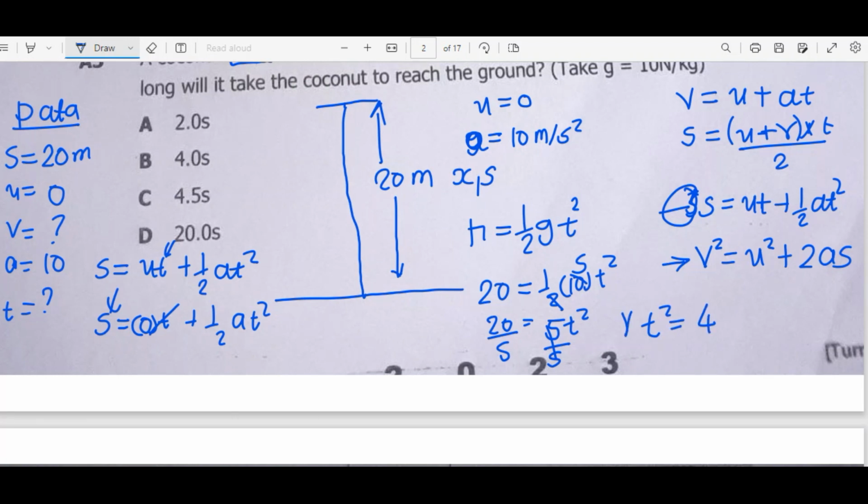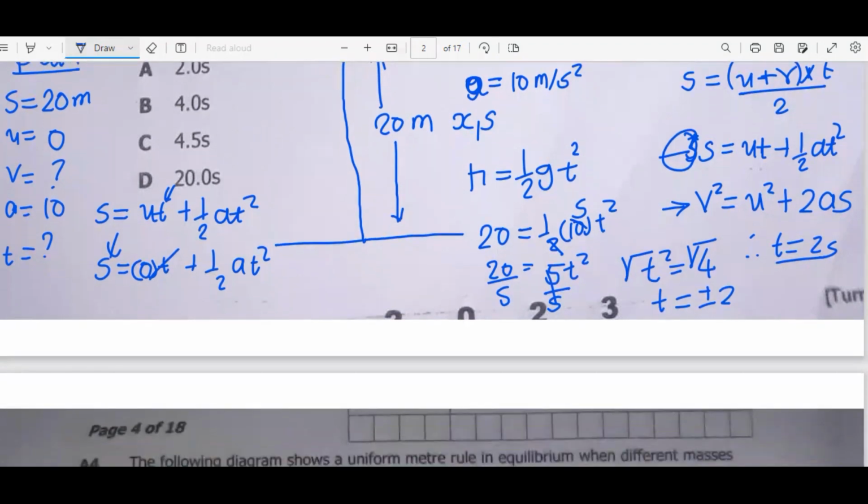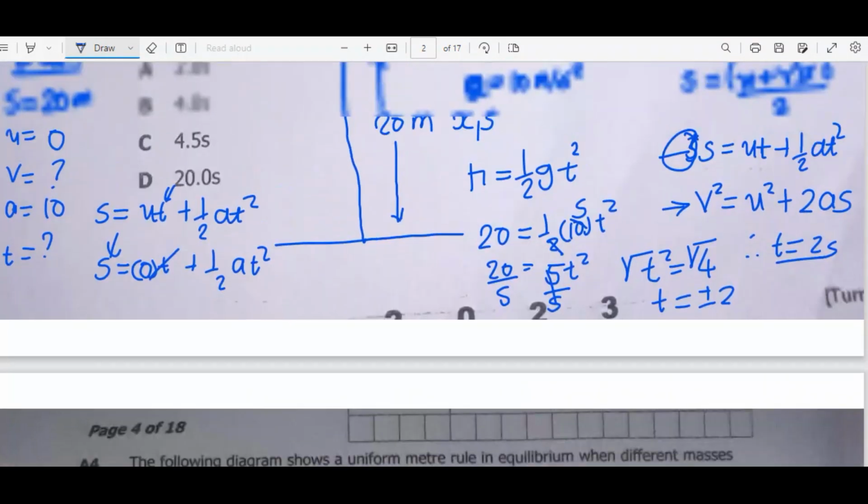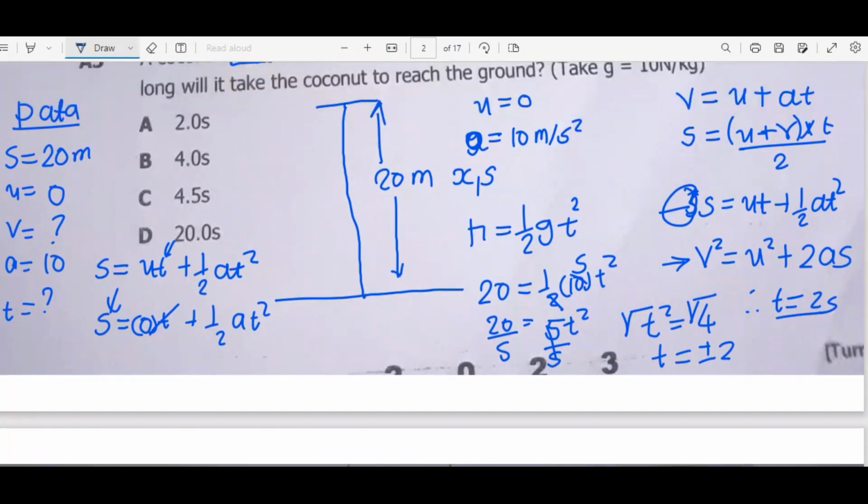We take the square root, t is equal to plus or minus 2. Therefore, the final answer is positive 2 seconds. We can't have a negative time. So that's how we can find the answer. So our final answer is A here.